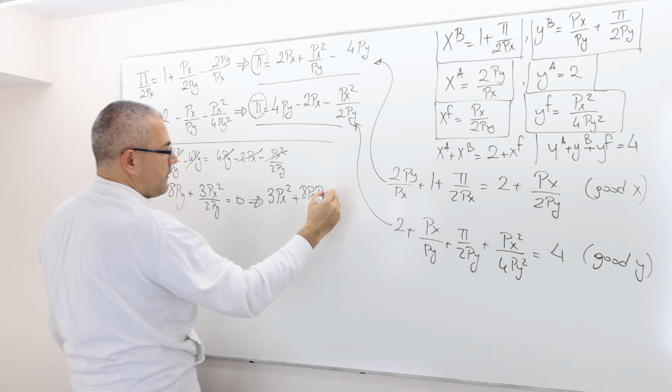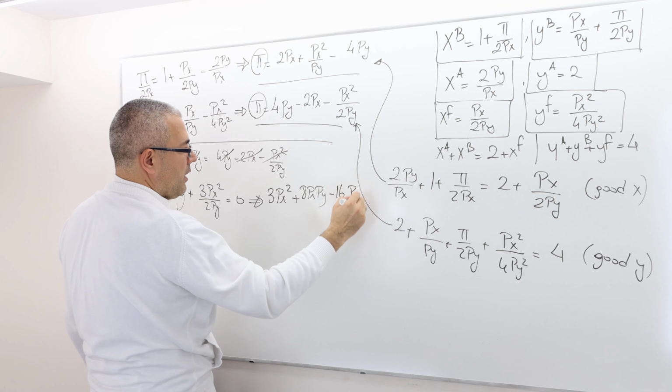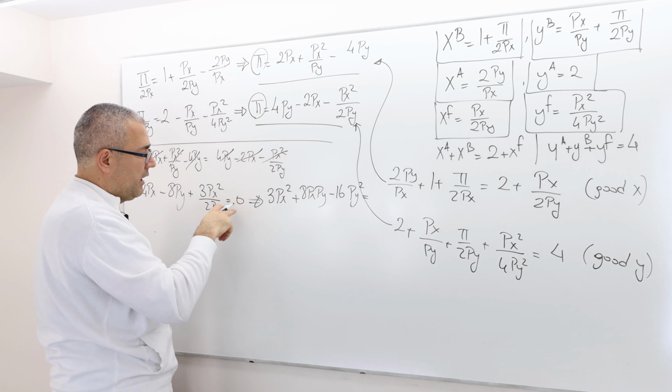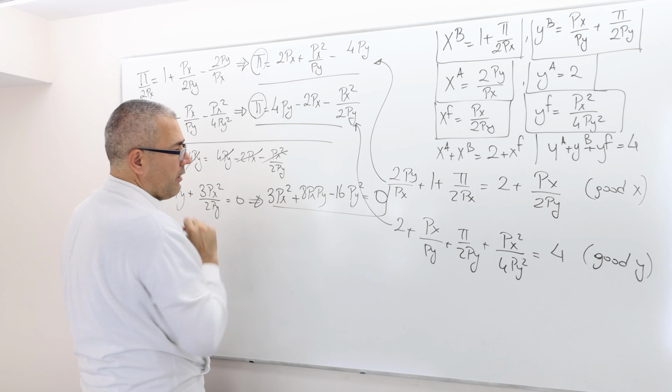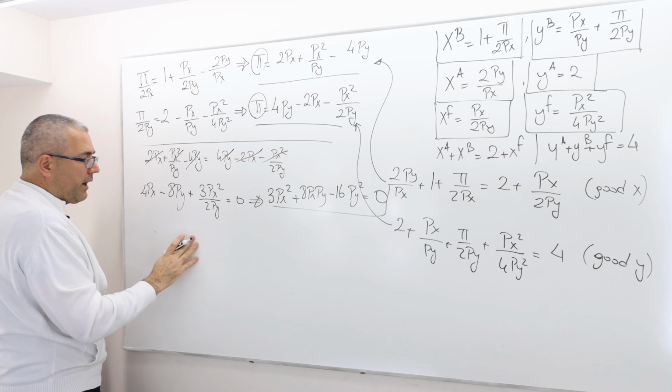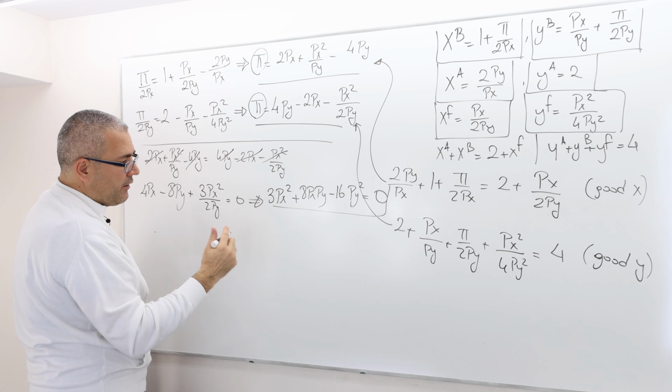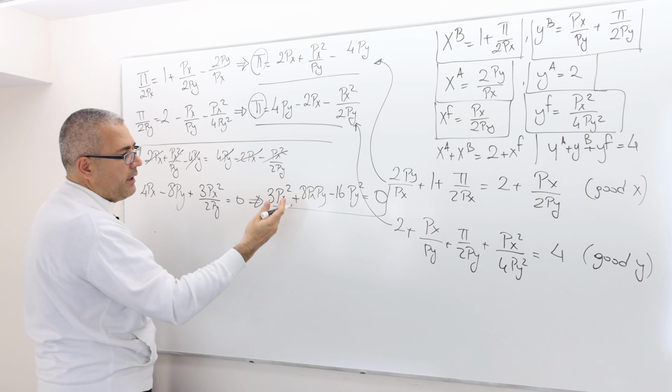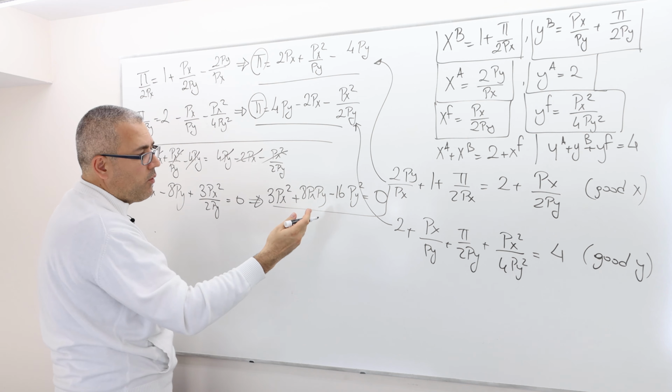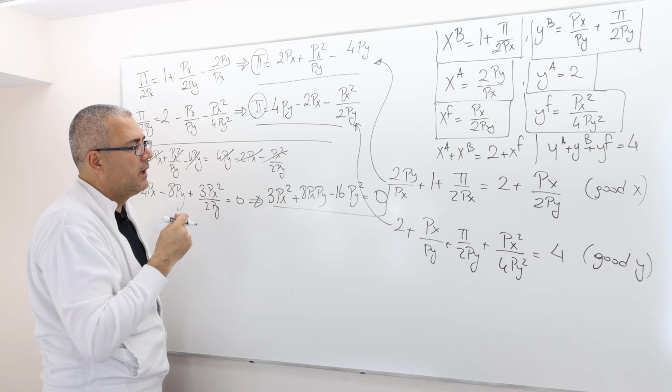And then minus 16py squared equals 0 times 2py, which is just 0. All right, so what I have is this equation: 3px squared plus 8pxpy minus 16py squared.